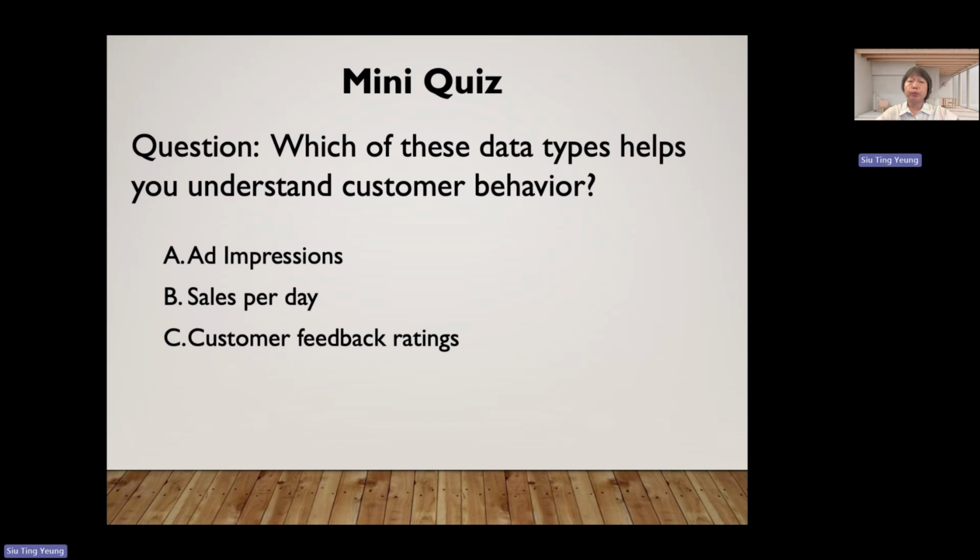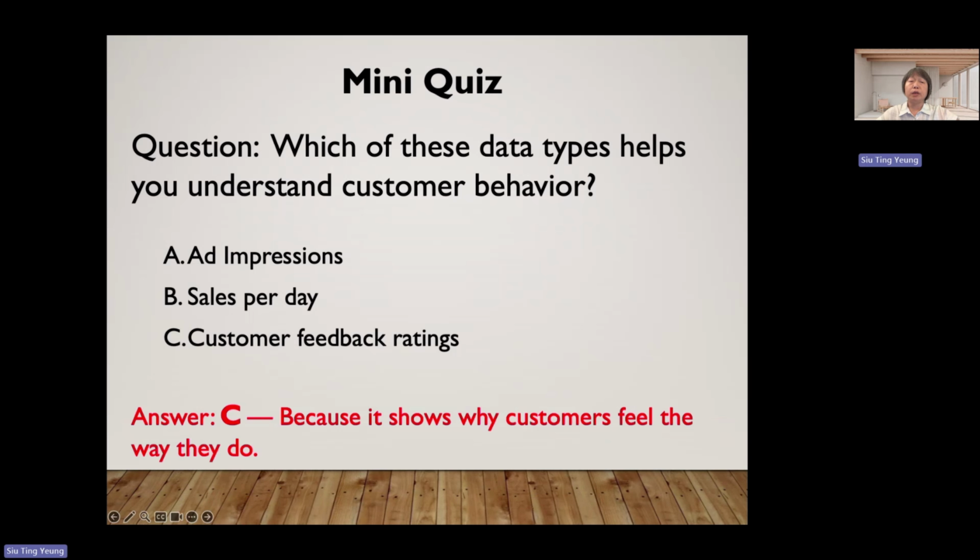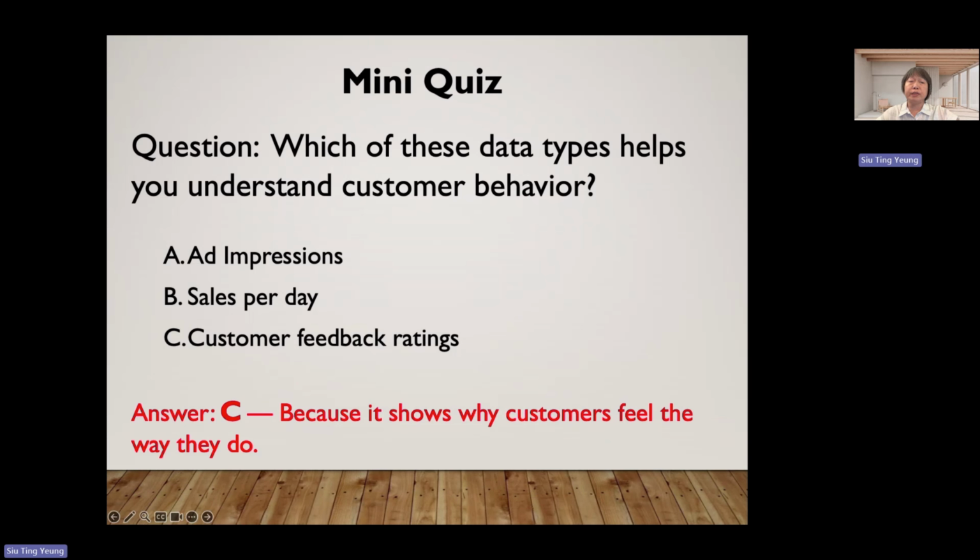B, sales per day. C, customer feedback ratings. Give you some time to think about the answer first, okay? Yeah, I think you know the answer is C, customer feedback ratings. Why? Because it shows why customers feel the way they do, okay?